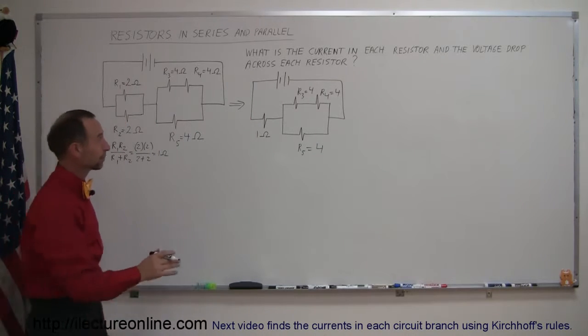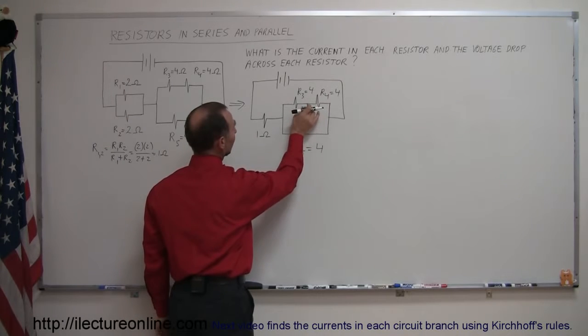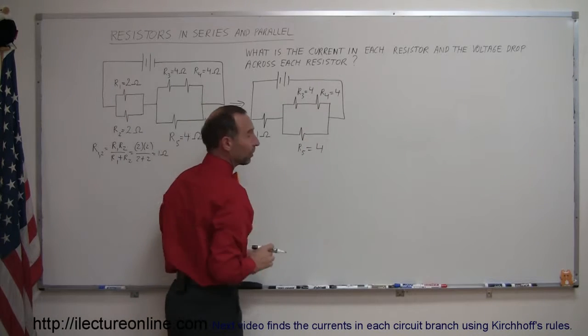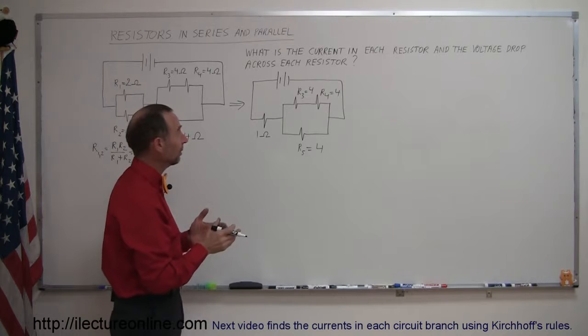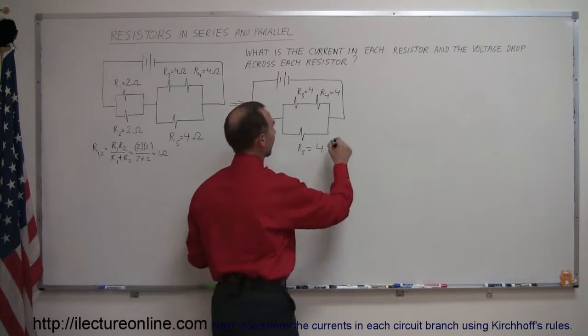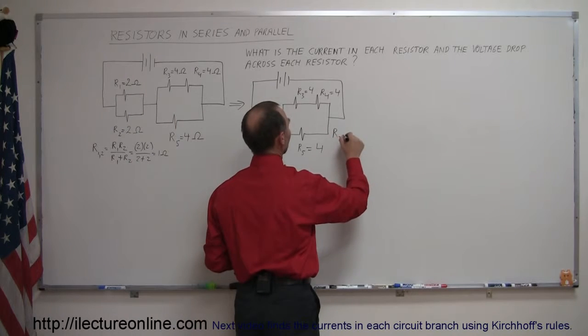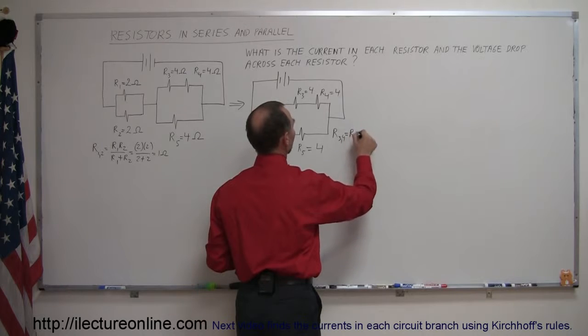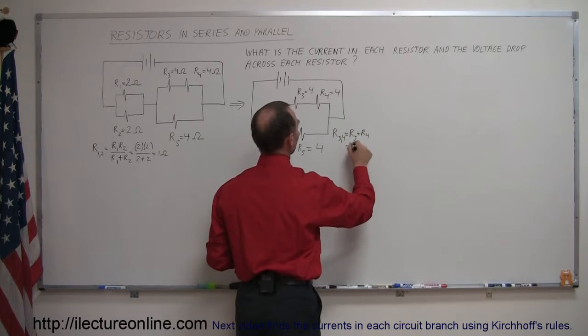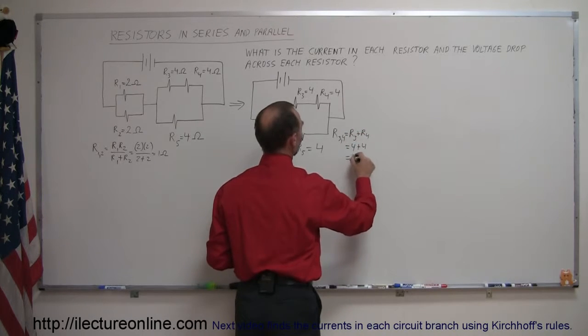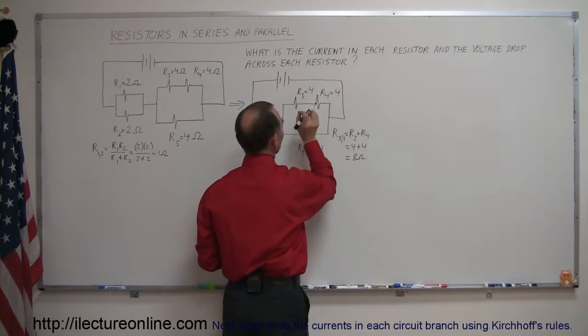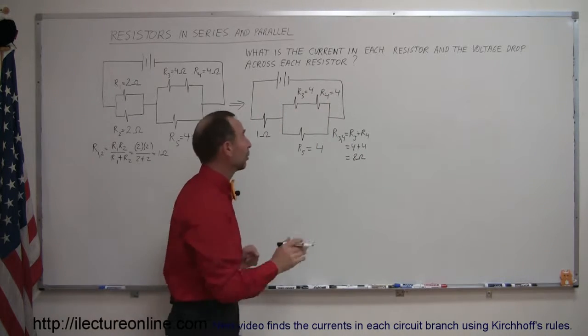Okay, next step. I'm going to combine these two resistors. Now those are in series, so I can simply add them together. 4 plus 4 is 8. So we can say that R3,4 is simply R3 plus R4, which is equal to 4 plus 4, which is 8 ohms. So these two resistors can be replaced by a single 8 ohm resistor.